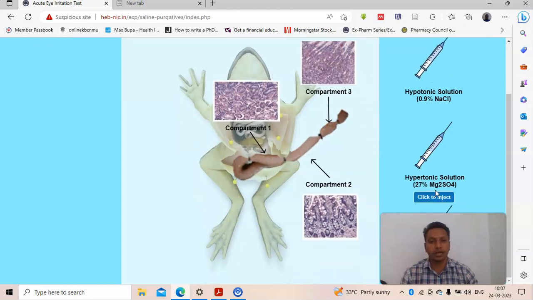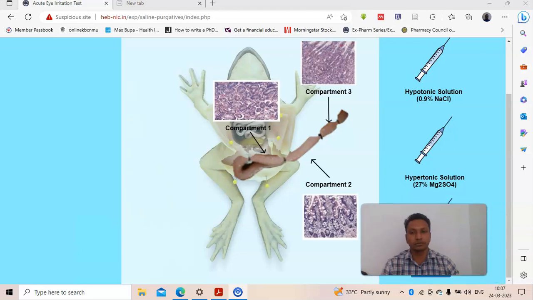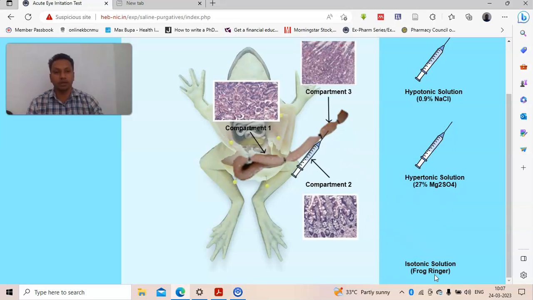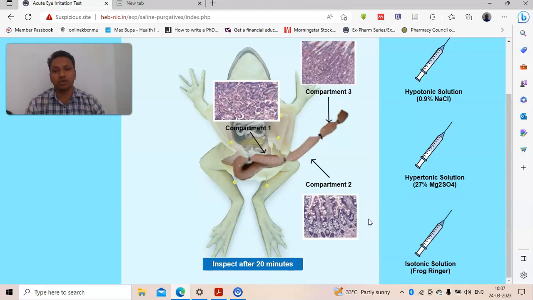The second is the hypertonic solution, which comprises 27% magnesium sulfate solution, and the third one is the isotonic solution, which is frog Ringer, in compartment 3. And let us inspect the observation after 20 minutes.